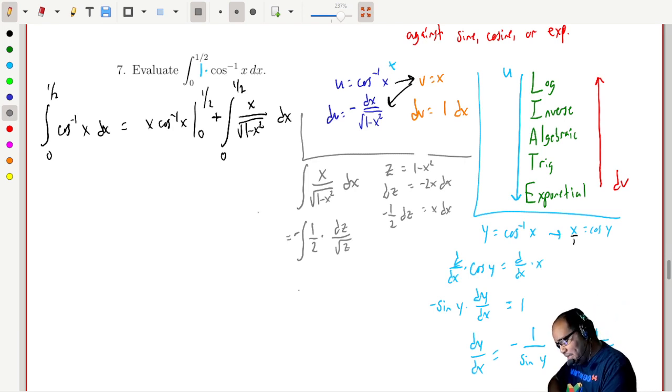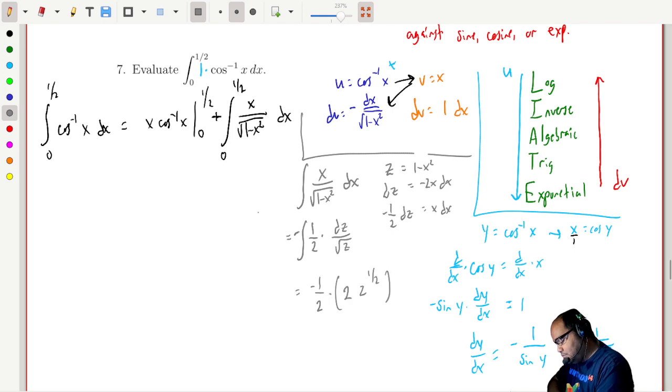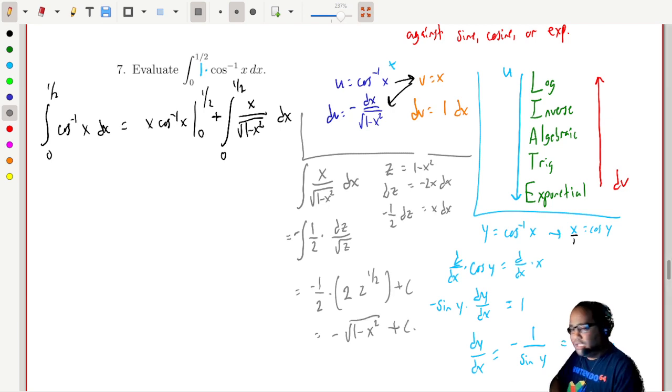That's just z to the minus 1/2, times minus 1/2 there, times z to the 1/2 divided by 1/2, we multiply by 2, plus a constant. So the antiderivative that we want there is minus square root 1 minus x squared after we back substitute, plus a constant. So let's go ahead and take that result there.